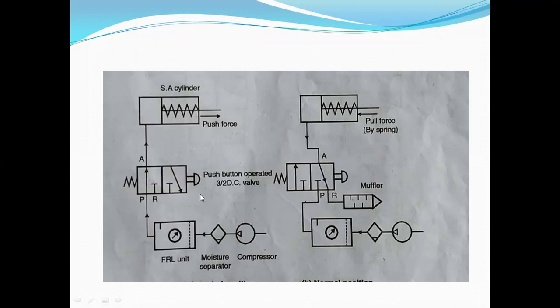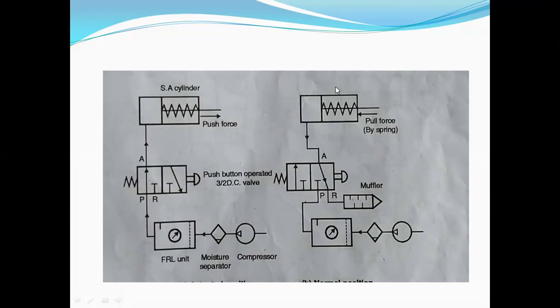Once we press the push button of the 3x2 direction control valve, here is the second stroke. Then the P point is connected to the blocked end, and the A point is connected to R, that is the reservoir.